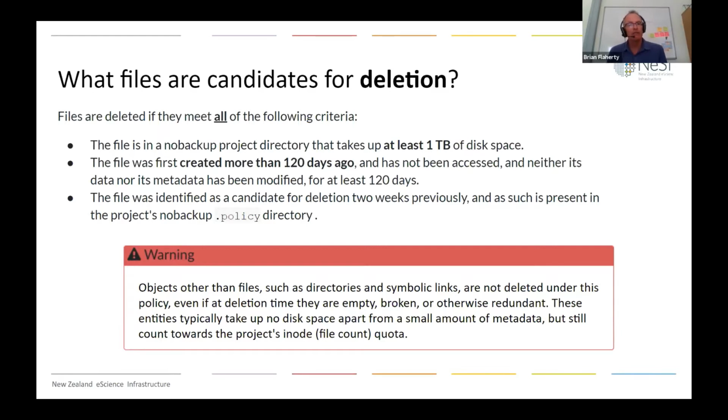So it may well be that you have greater than 1 terabyte of data in your no backup directory, and that you haven't touched it for longer than 120 days, but you don't have any files listed in a .policy directory. That'll be because we're only selecting a few projects as we refine and roll out the process.